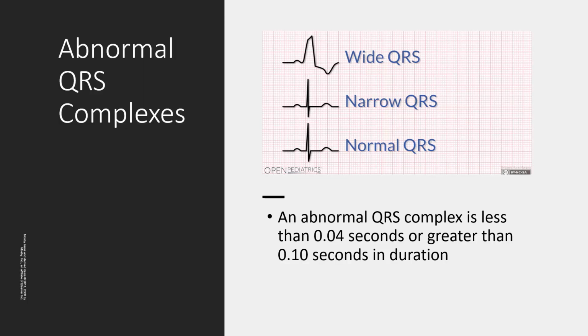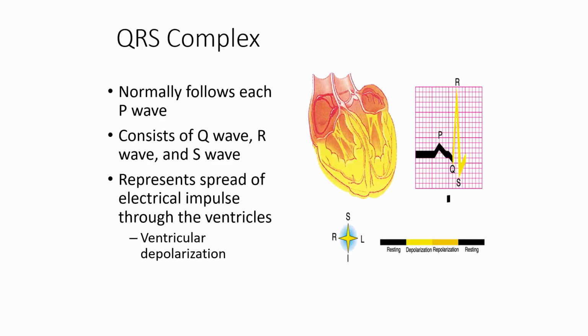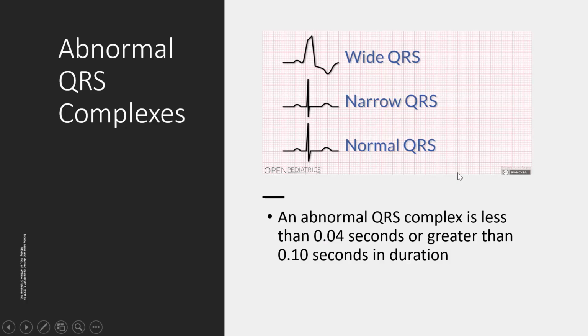Okay. So again, let's go back. I gave you a normal, nice, pretty QRS. Okay, so I got to throw some abnormals in there, or it just wouldn't be nursing. So an abnormal QRS is anything that is less than 0.04, so less than 1 small box, or greater than 0.10, so no more than 3 small boxes.